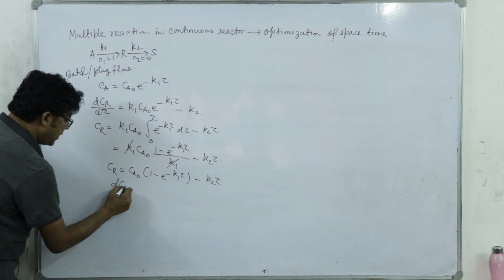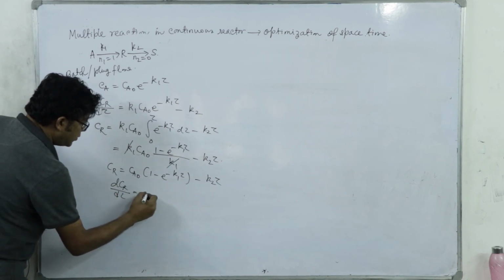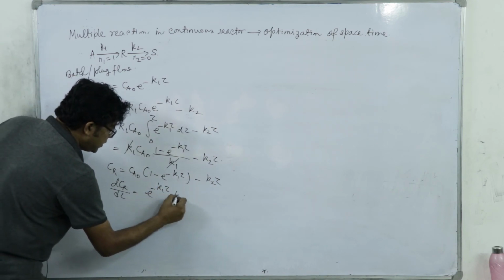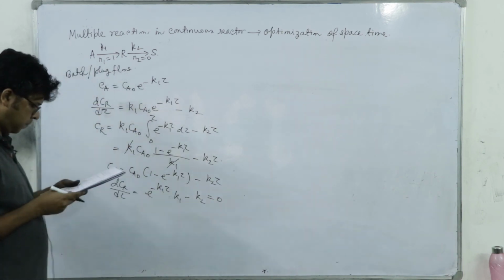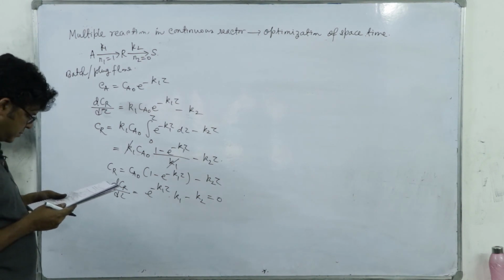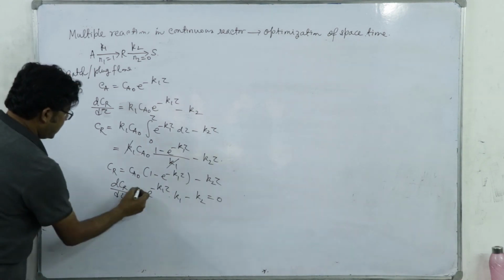So dCr d tau is equal to e to the power minus K1 tau into K1 minus K2 equal to 0, into Ca naught.